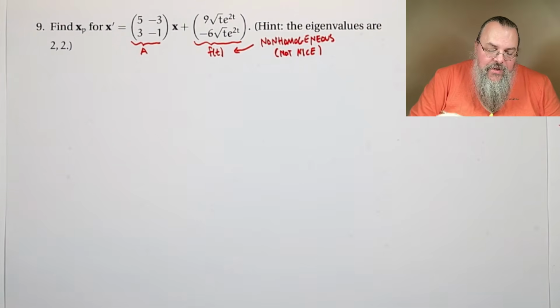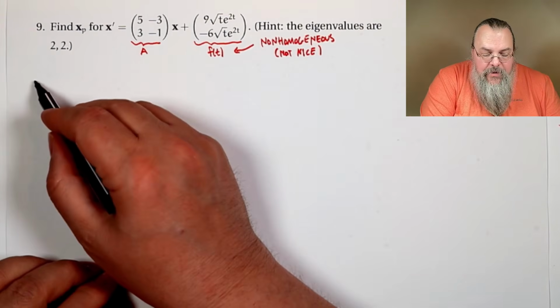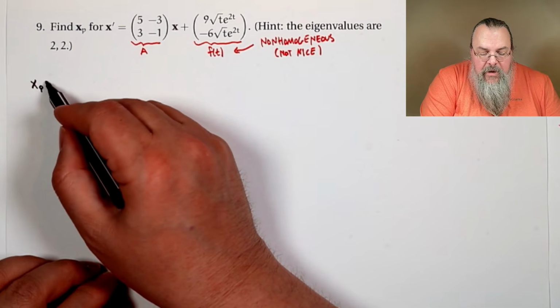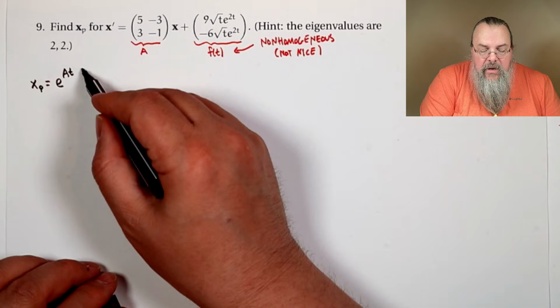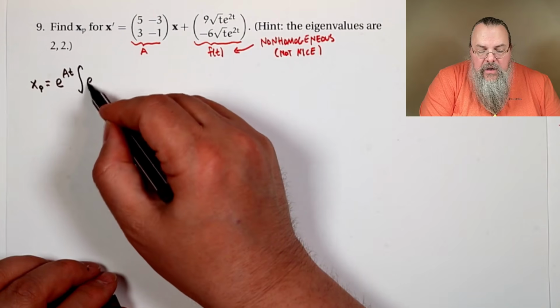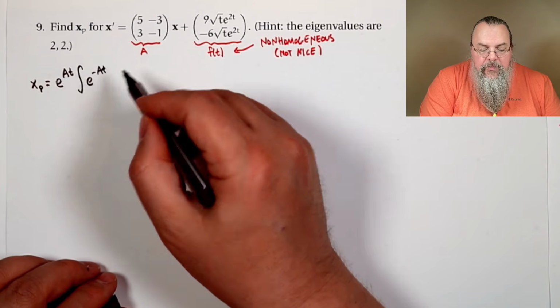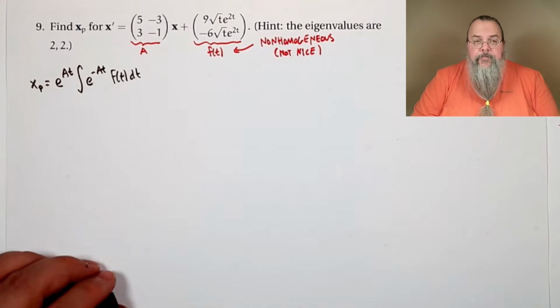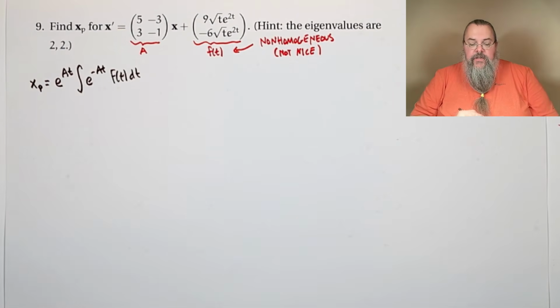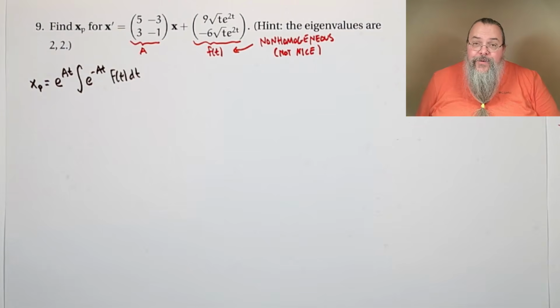Variation of parameters says that if you're looking for xp, that is e to the at integral e to the minus at times f of t dt. So that's what we're going to run through. We're going to do that computation, and then we'll have our particular solution.